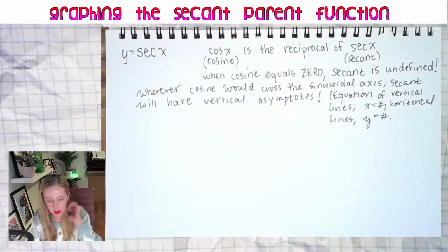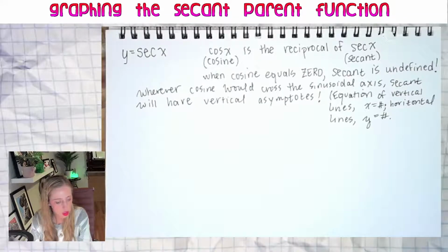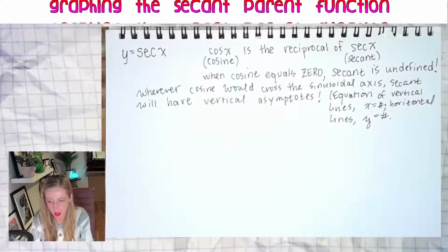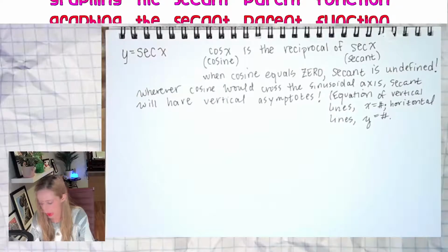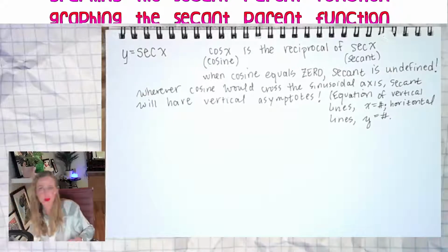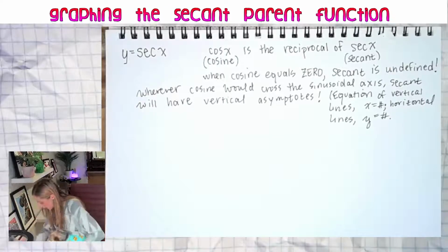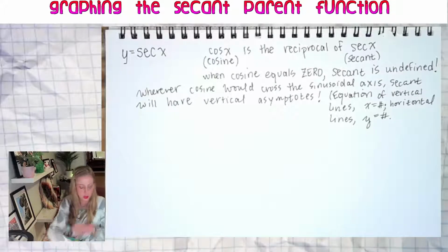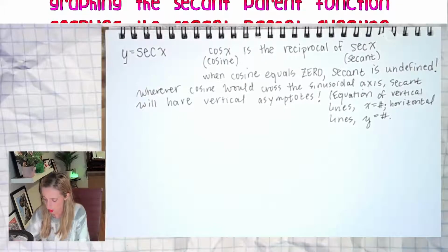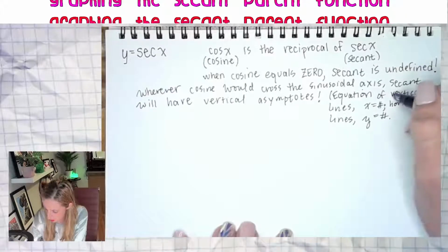Maybe I should, I have an idea, include a little bit of color coordinating, because my purple highlighter fell down before. Sorry, pup. I was using purple, I believe, for my vertical asymptotes.